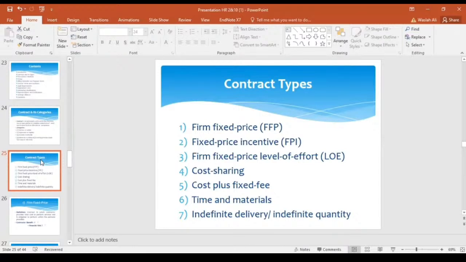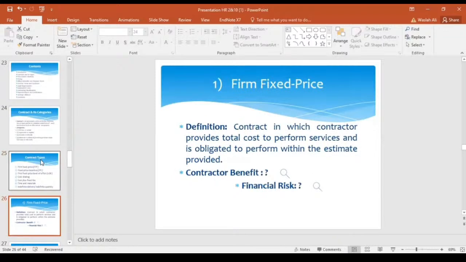briefly. Our first type is firm fixed price. A contract in which the contractor provides the total cost to provide services and is obligated to perform within the estimate provided. This is the first type of contract, in which the total cost is provided to one party, and the party is obligated to perform within the estimated time frame.